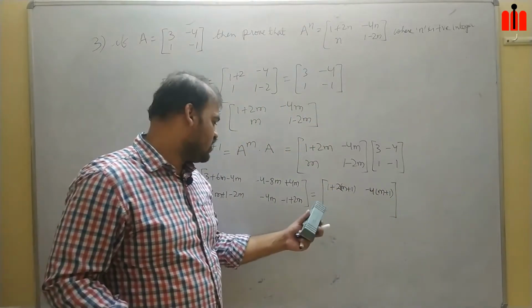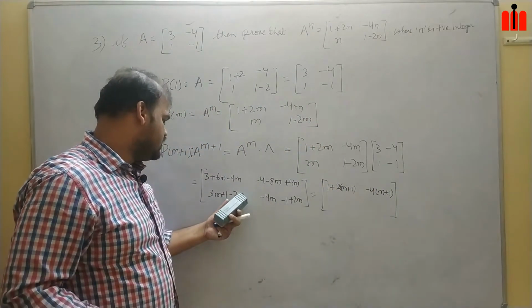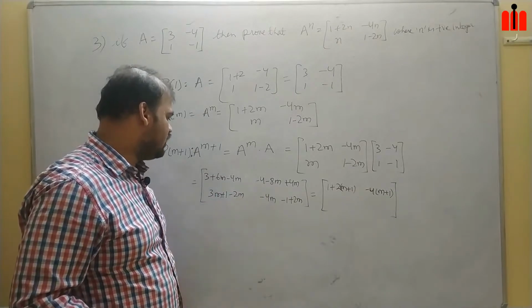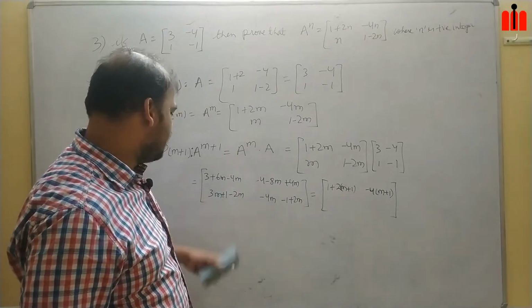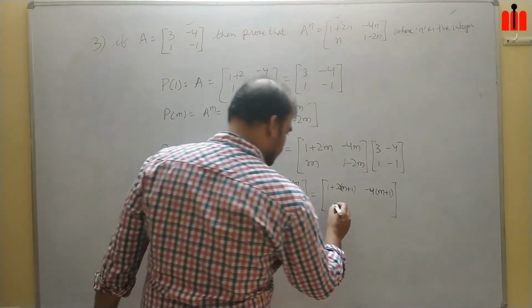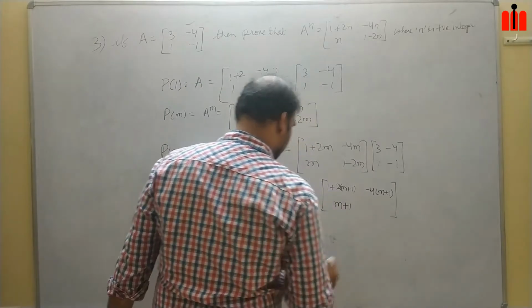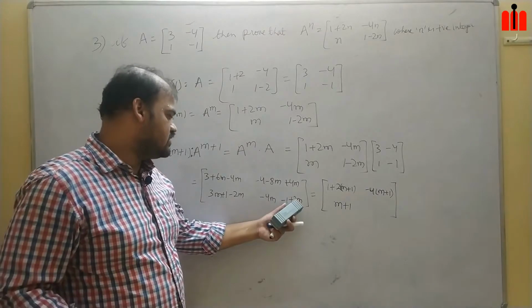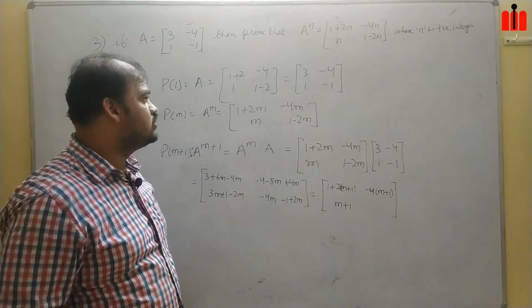Correct? Okay. Now here it is 3m minus 2m, so it will become m. So it will become m plus 1. Here it is m plus 1. Here it is minus 1 minus 2m.